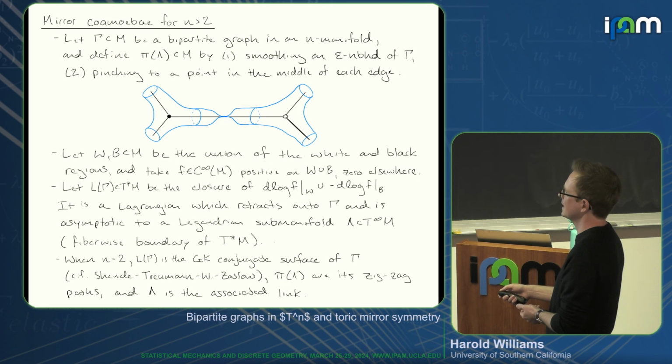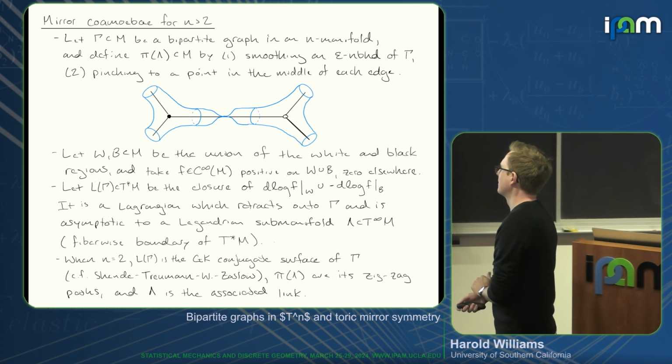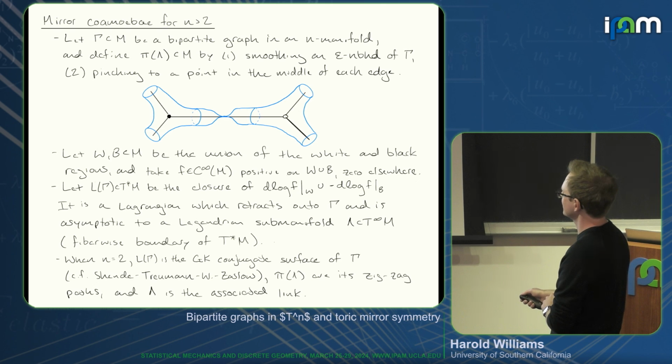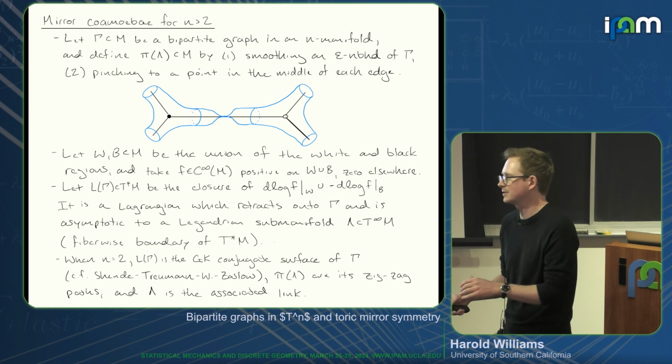Some components will contain a black vertex, I'll call those black regions. Some components will contain a white vertex, I'll call those white regions. I'll label them B and W. Now take a smooth function F on M, which is positive on the union of those regions and zero outside of them.